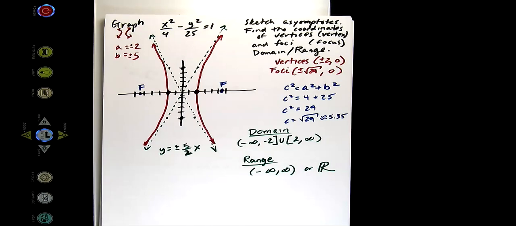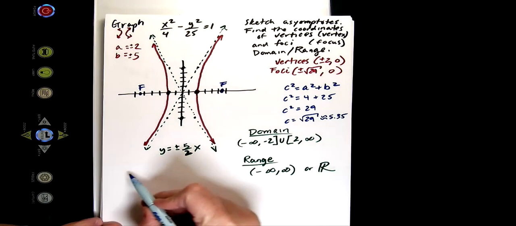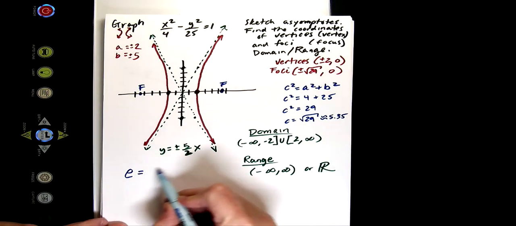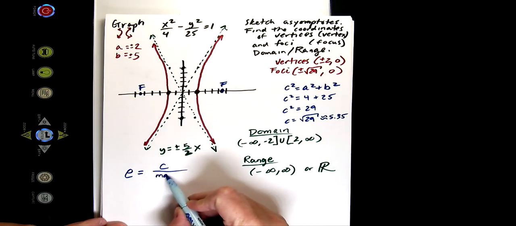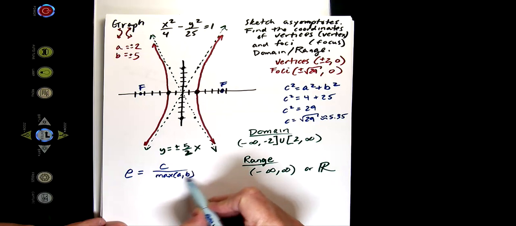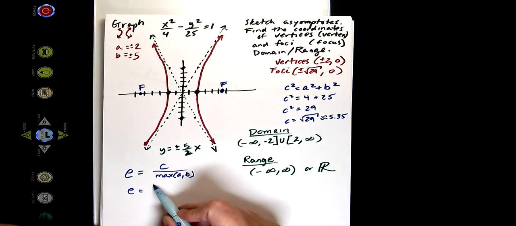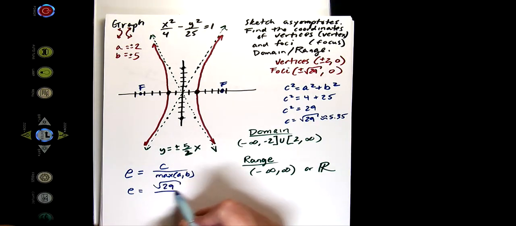What about eccentricity? Let's do that. I didn't mention it above. C over the max of A and B, which is root 29 over 5.